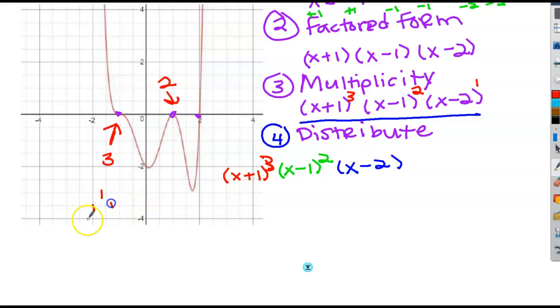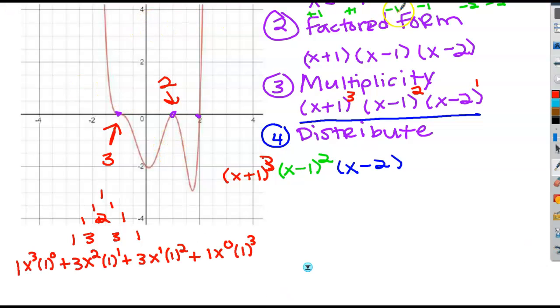1, 2, 3, 4. This is work. I'm going to do it kind of on the side a little bit. So I'm going to pause the video while I do that. All right, so notice here what I did.